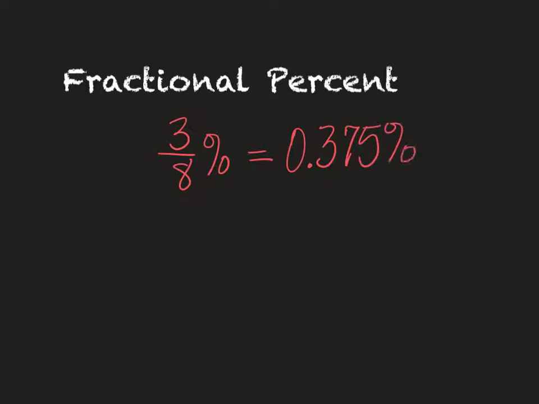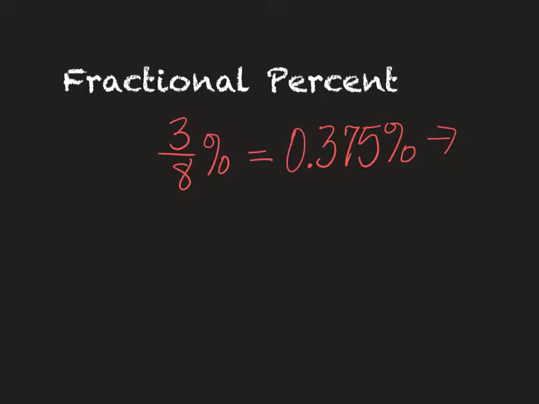And when you do so, you're going to get 0.375%. We're going to change that to a decimal by moving our decimal. Remember, when you're going from a percent to a decimal, you want to move the decimal 2 places to the left to write the percent as a decimal.